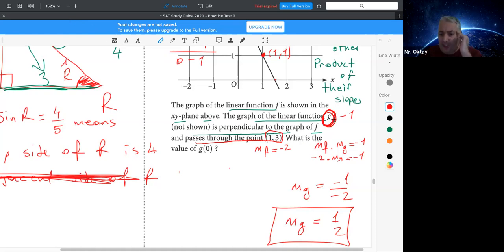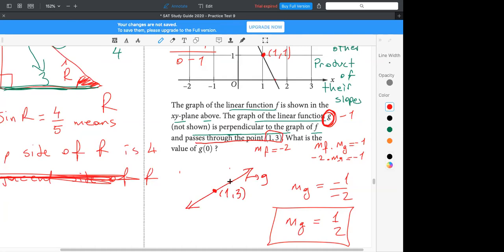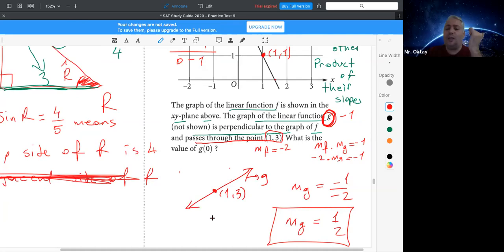Think like that: this is function g and it is passing through 1, 3. Is it clear? Yes, sir. Now, the question says, what is g at 0?